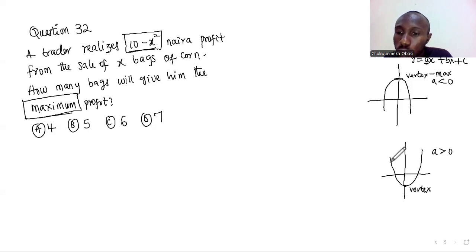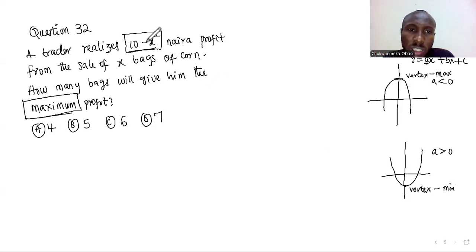But when it opens upward like this, the vertex is referred to as the minimum point of the curve. So whenever the curve opens downwards, you're talking about the maximum point, and whenever it opens upward, you're talking about the minimum point.